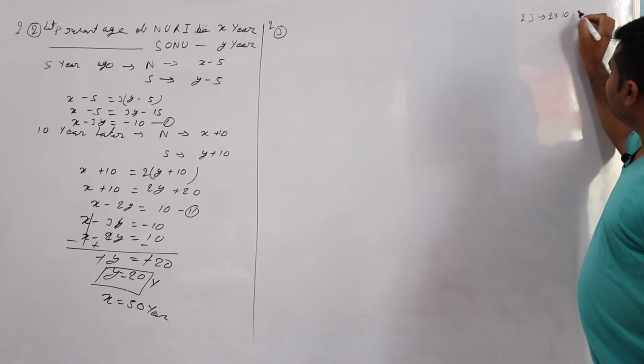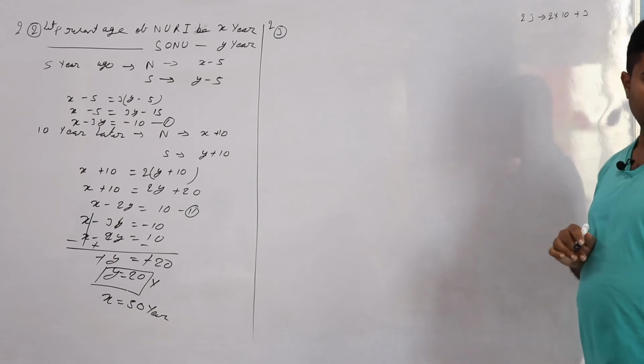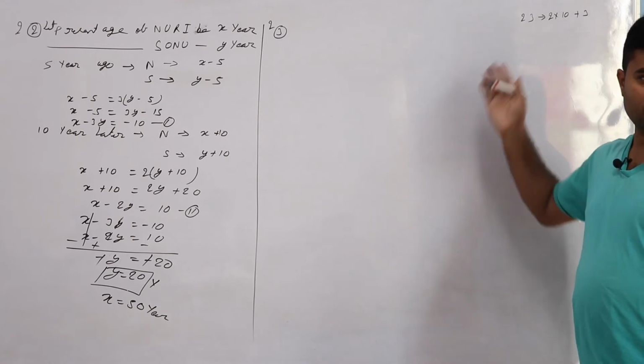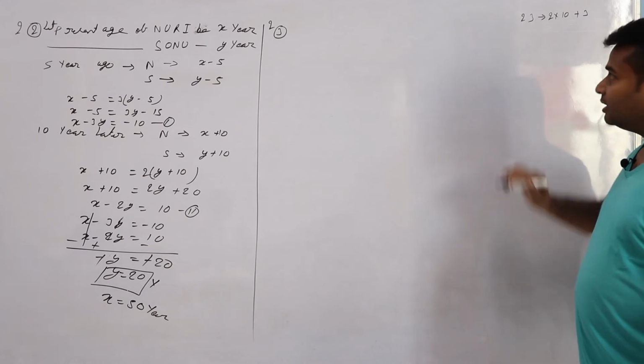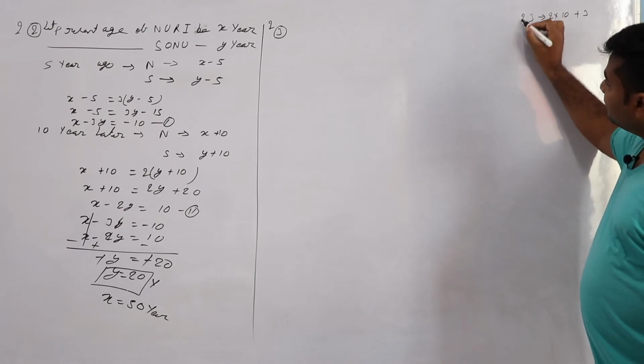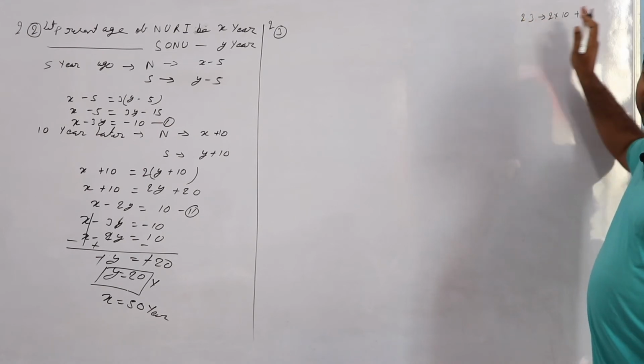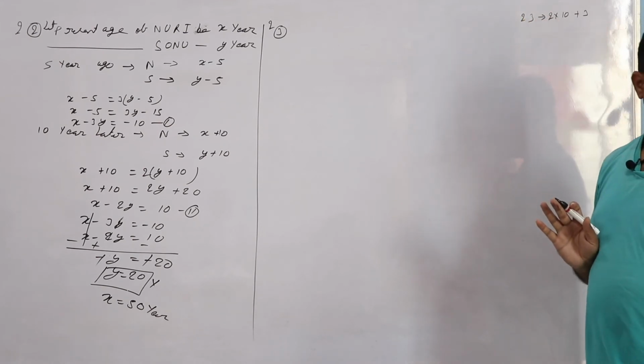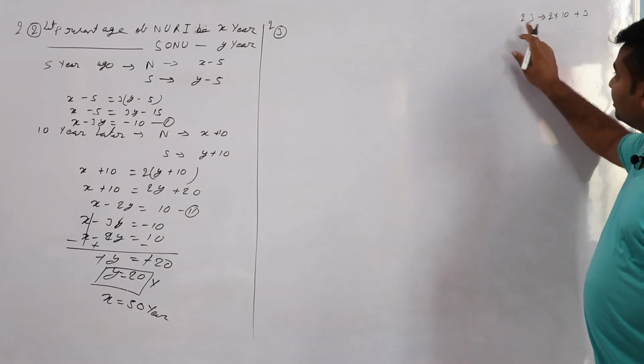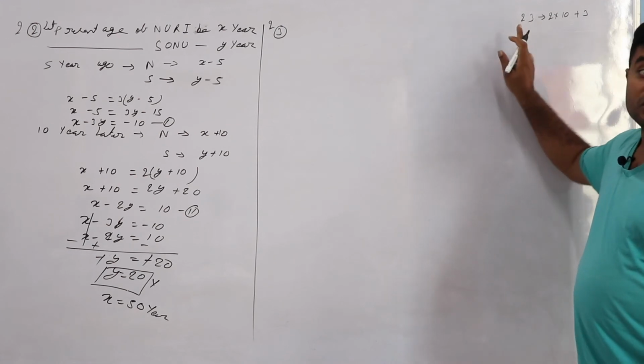2 into 10 plus 3. In childhood you learned this. So 23 is one number, and it is made by 2 into 10 plus 3. In 23, this 2 and 3 are the 2 digits.